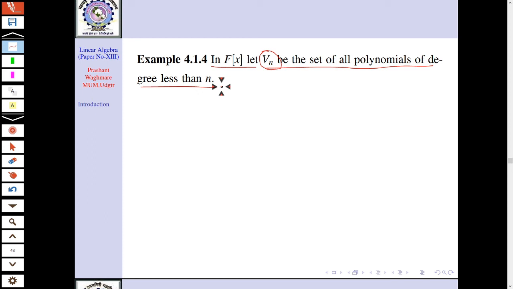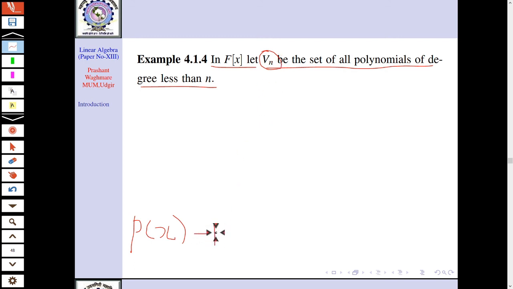No, it won't form a vector space. What I am saying is, if I consider the set of polynomials of degree exactly n, what will happen at that point? Suppose p of x is there.